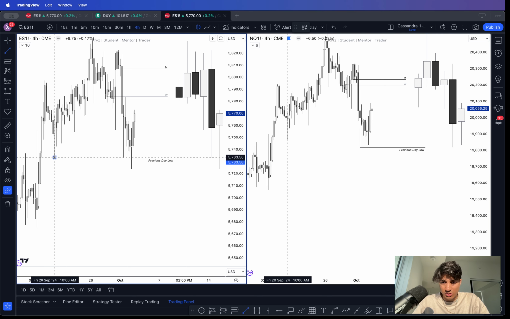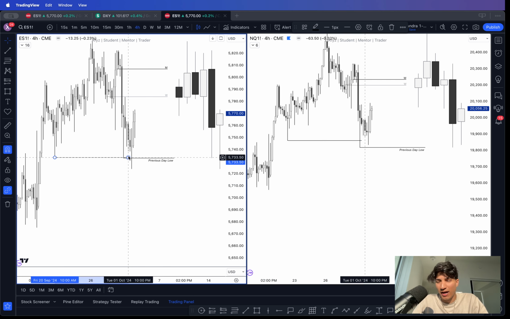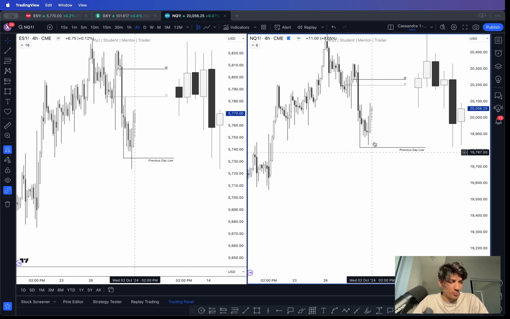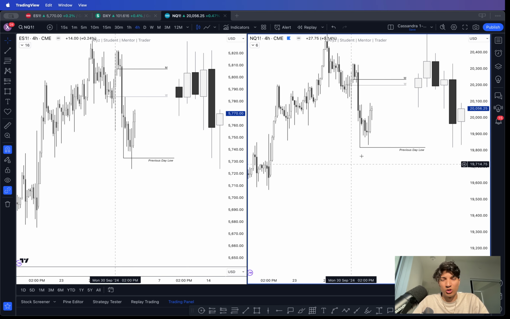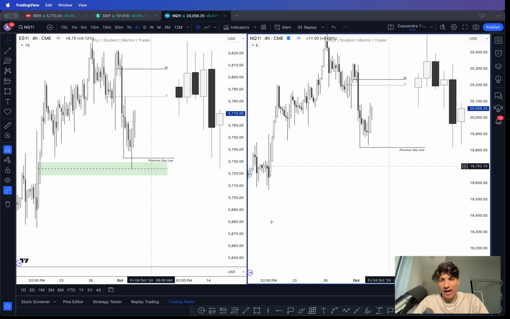So as you can see, this swing point here was liquidated on both NASDAQ and ES, which gave me a bearish bias for the index open simply because we had failed to form a key level SMT followed by a displacement that would confirm that price is reversing out of this weekly inefficiency we had marked out.